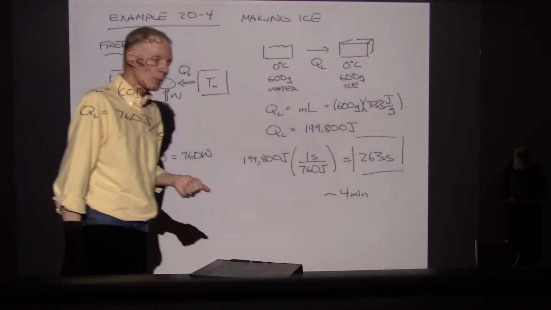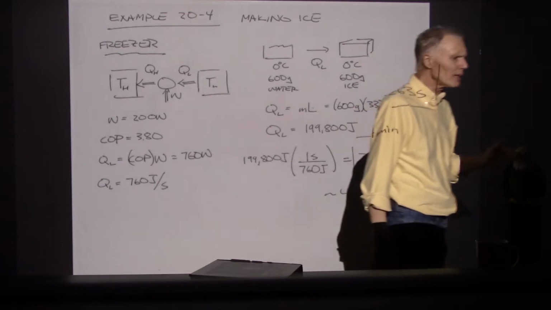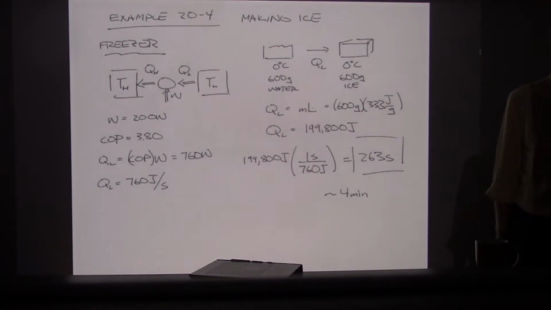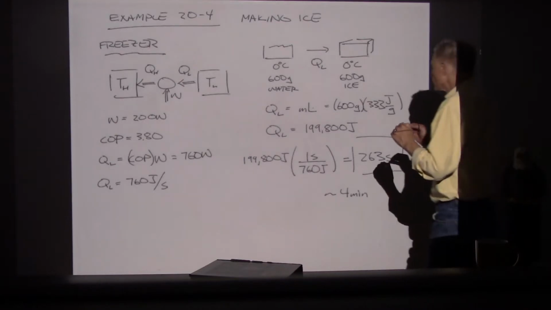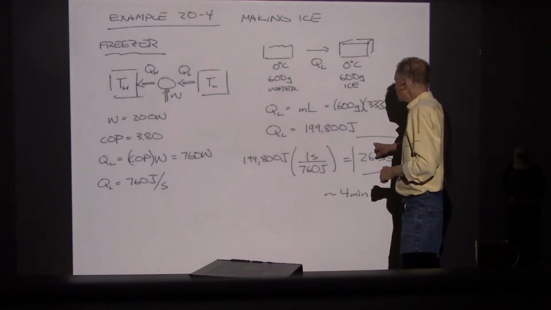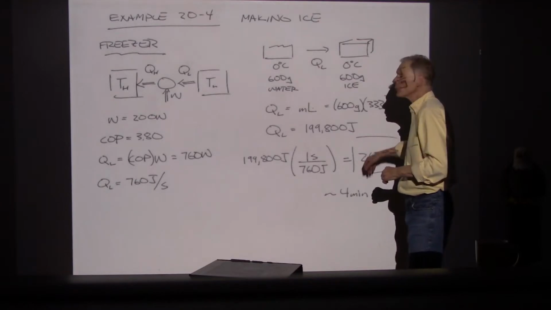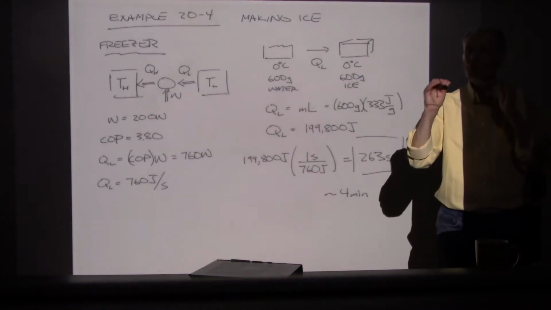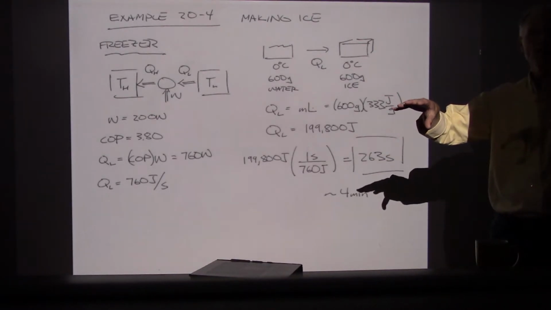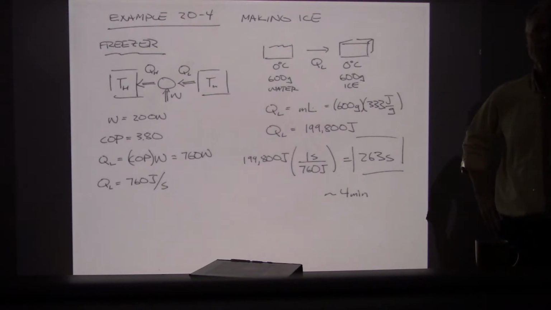Now, the issue we would run into if this were really a real situation that we were looking at, the difficulty in getting the ice to freeze, would come down to heat conduction. If I put the ice in a plastic tray, plastic is a thermal insulator, that's not going to allow the heat to leave very well.